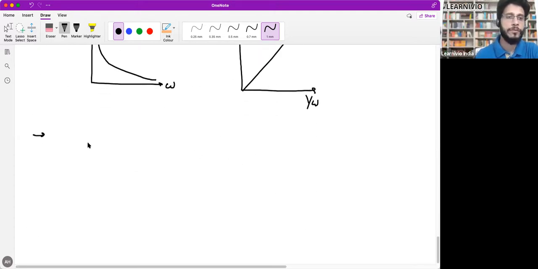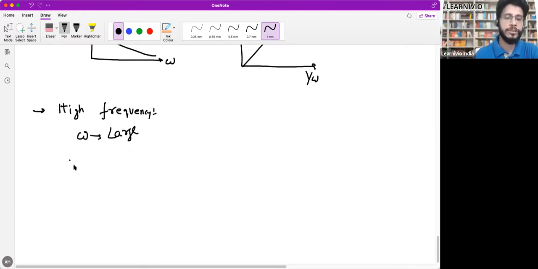Once you have this, the last is the behavior for high frequency and low frequency. High frequency means your omega is very, very large. If omega is large, then Xc, which is 1 by omega C, is small.